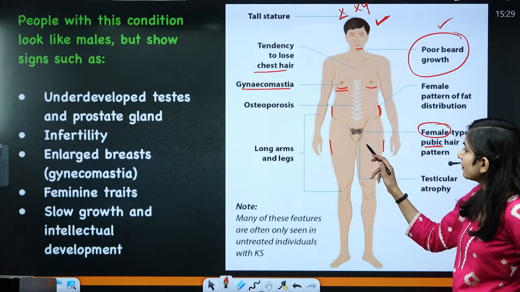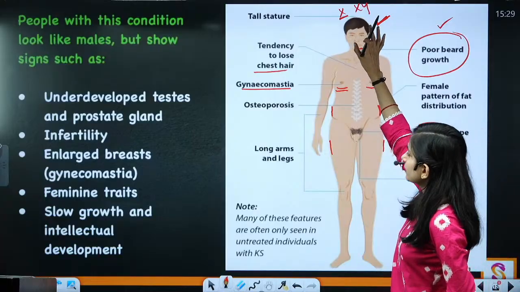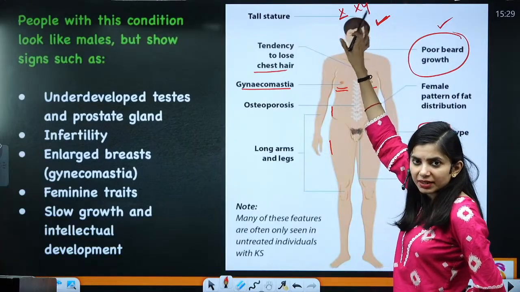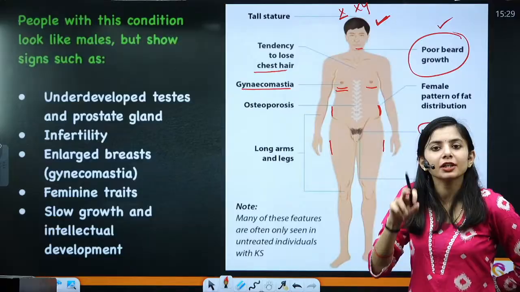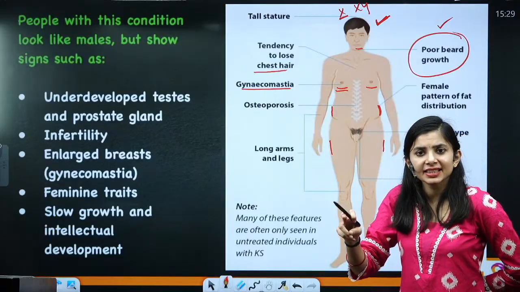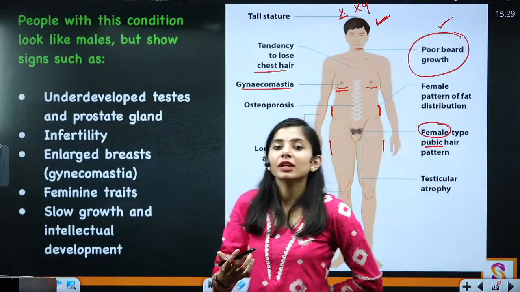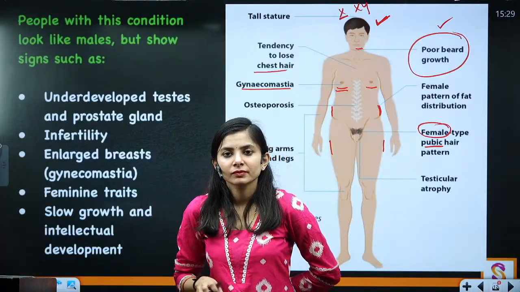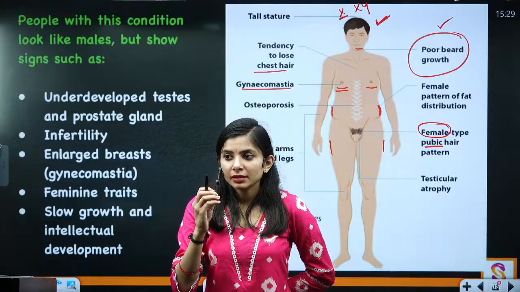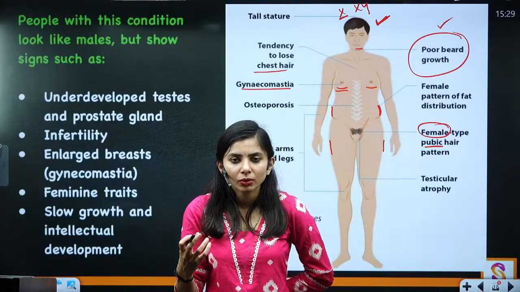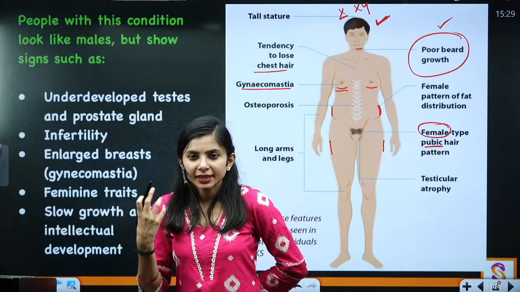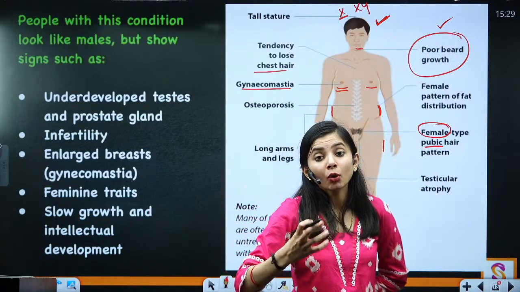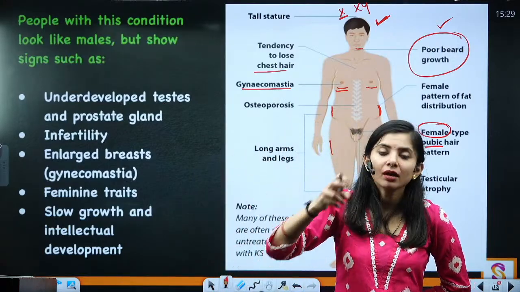The reproductive organ of a Klinefelter syndrome person is similar to the male, but their testes are not developed enough to produce semen and then sperm.